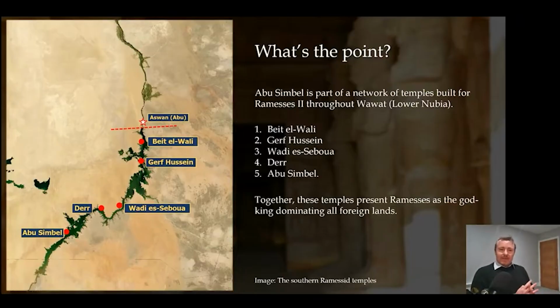All of these temples present a very specific vision of Ramesses that is kind of artistically and symbolically or religiously linked. It's the image of Ramesses as a god, but specifically Ramesses who tramples and dominates all foreign lands. Now, why does he do this?